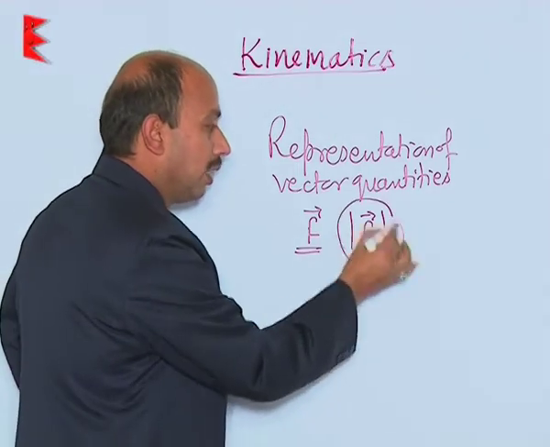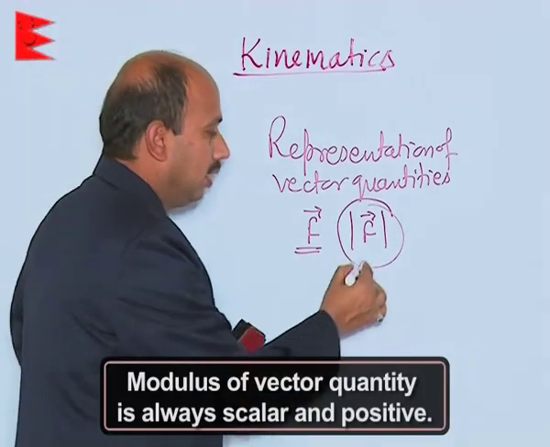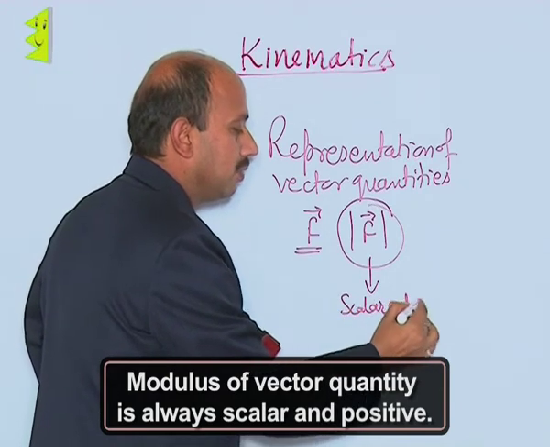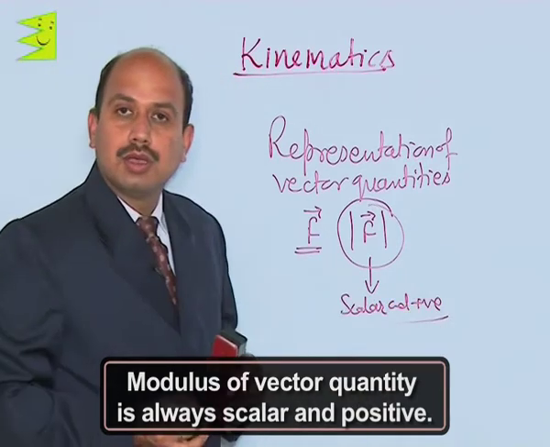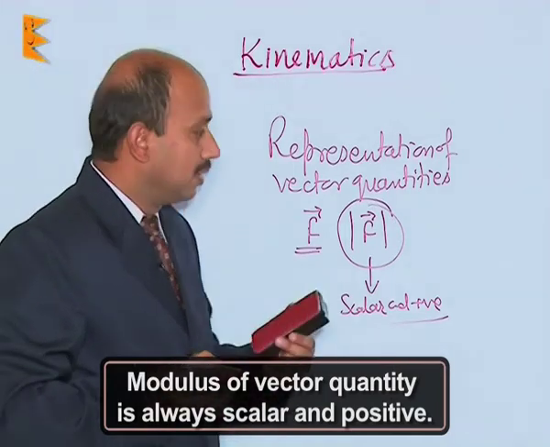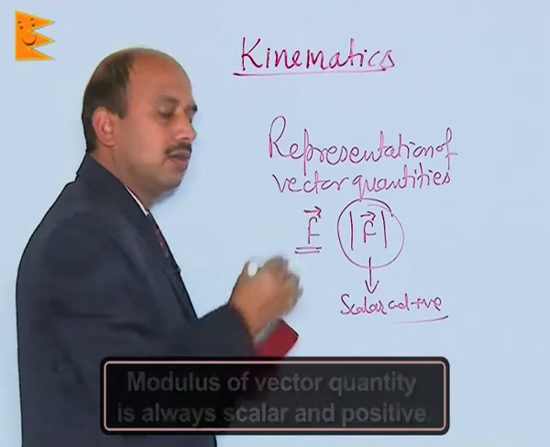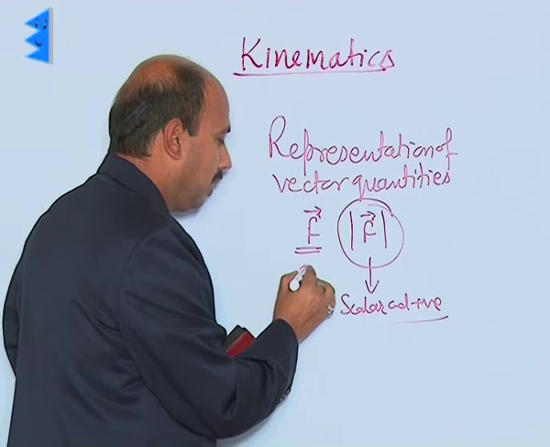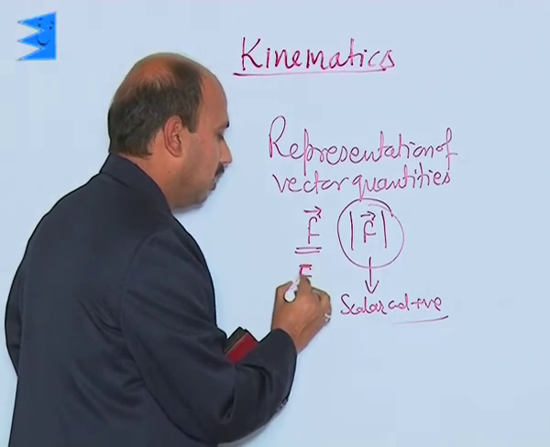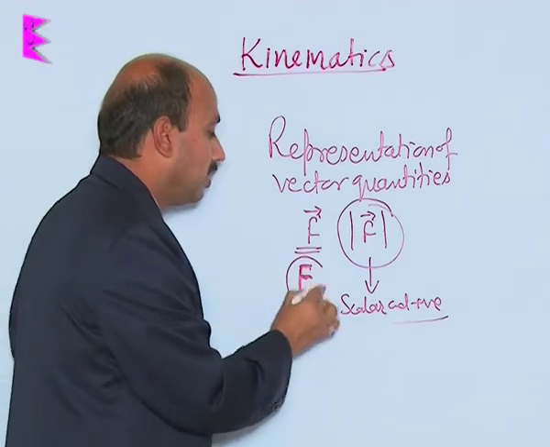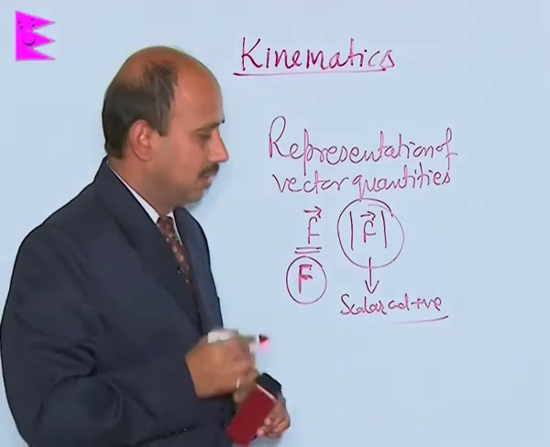So, the modulus of the vector is always scalar and positive. So, vector quantities or any quantity can be represented as a vector by making an arrow over it. But in NCERT book you may get a force written in a darkened form. You will be getting a bold letter in books. This also represents a vector quantity.